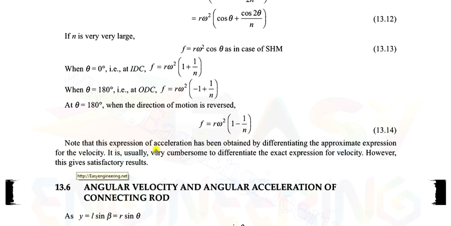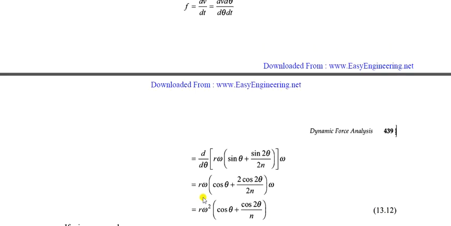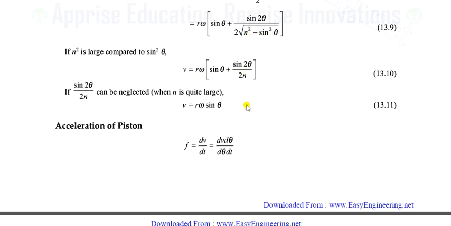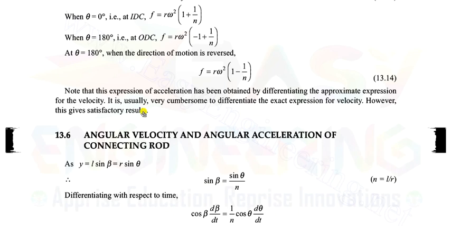So note that this expression of acceleration has been obtained by differentiating the approximate expression of the velocity. He has not differentiated the full expression, but it doesn't make much difference. It will give you a satisfactory result, there will be no problem.